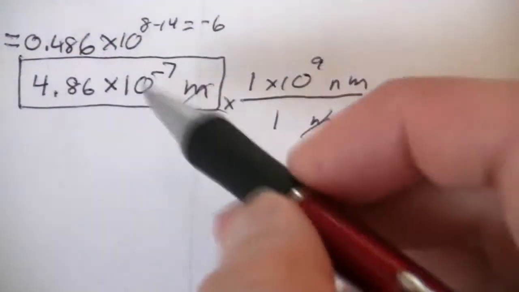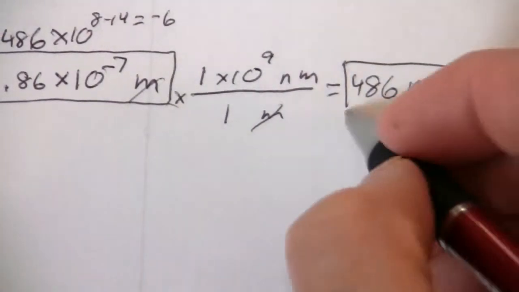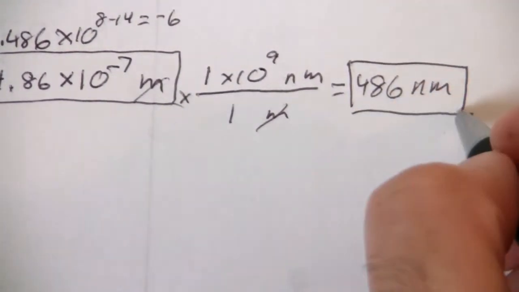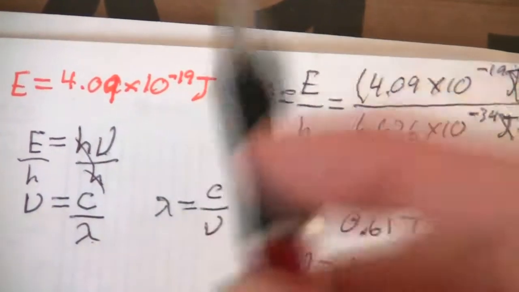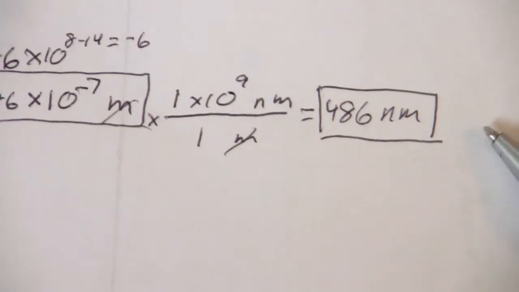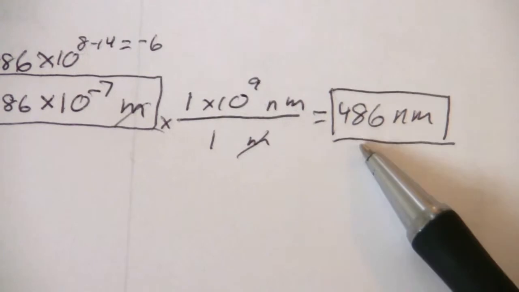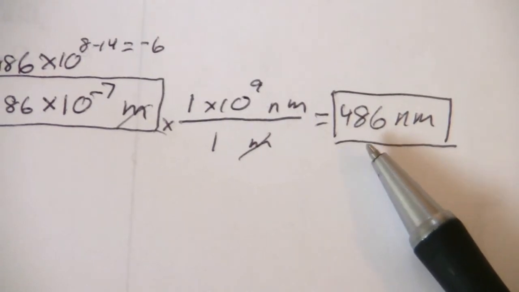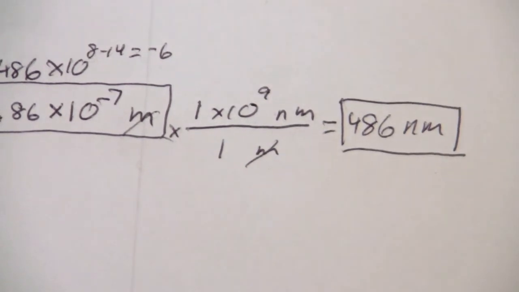And that way I don't have to worry about all this cumbersome scientific notation stuff. Okay, so that is the wavelength of light that has an energy of 4.09 times 10 to the minus 19th joules, right? And it said this came from the hydrogen spectrum, and so this looks like one of the blue lines from that spectrum. It's just a little FYI.